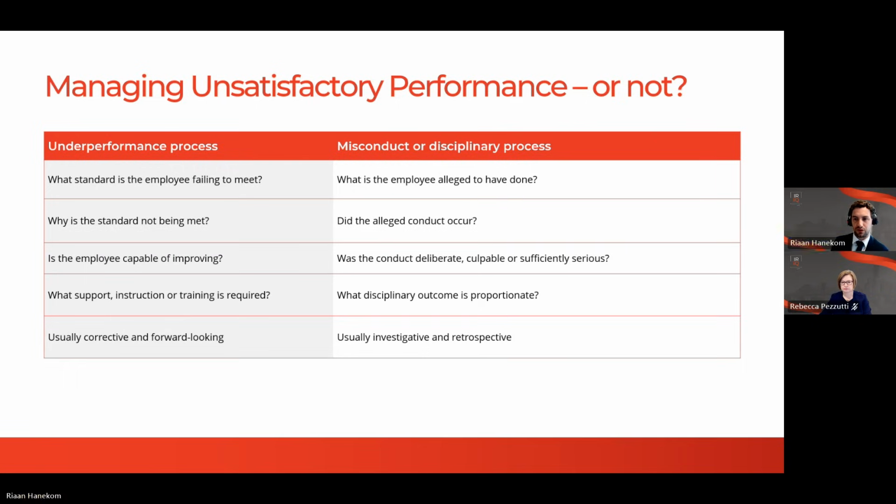So the key takeaway here is that the approach you take, depending on which kind of situation we're dealing with, will vary. As the saying goes, you don't use a hammer to drill in a nail. Same here. When you're addressing misconduct, you do that in a much different way to managing underperformance.